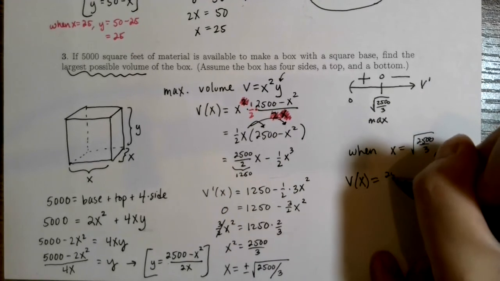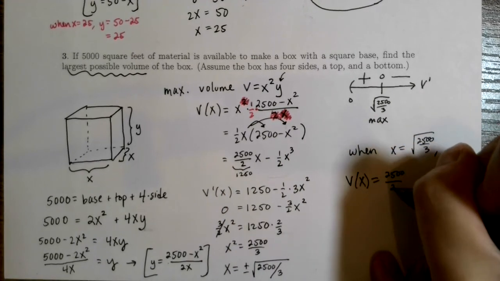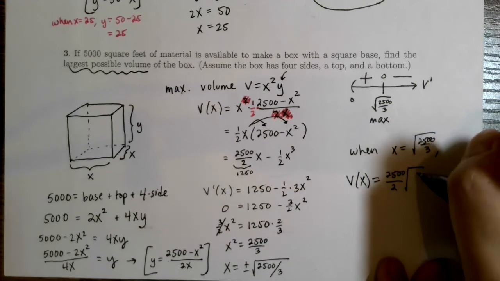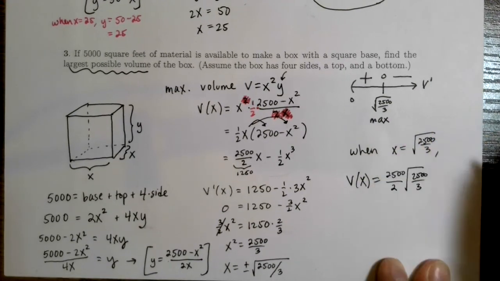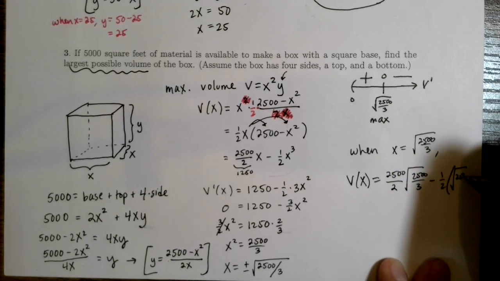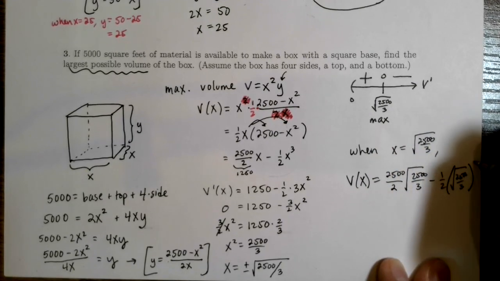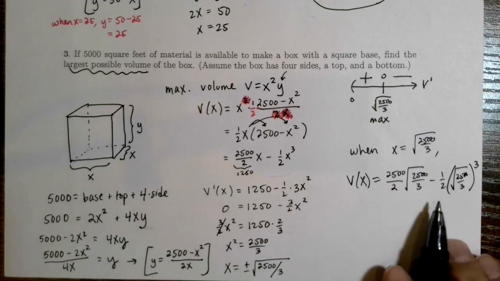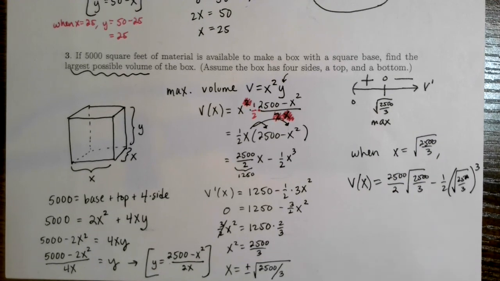So I would have 2,500 over 2, which is the same as 1,250, but I'll leave it, times x. This is what I'm plugging in for x, minus 1/2 times what I'm plugging in for x cubed. Because I don't have a calculator in theory on this worksheet, I'm going to leave the number this way and say, if you want a real number, plug this into a calculator.